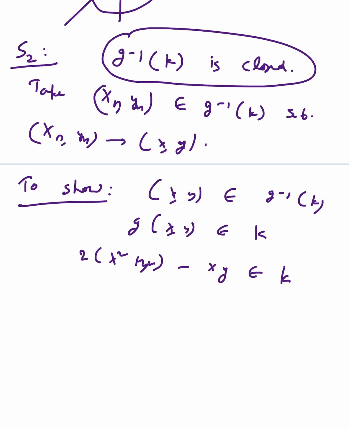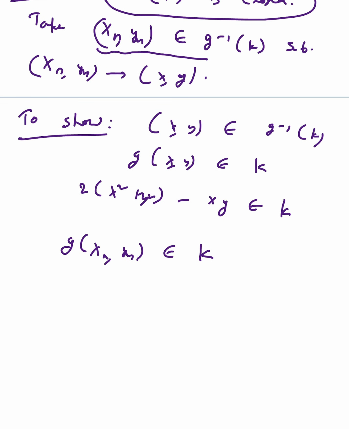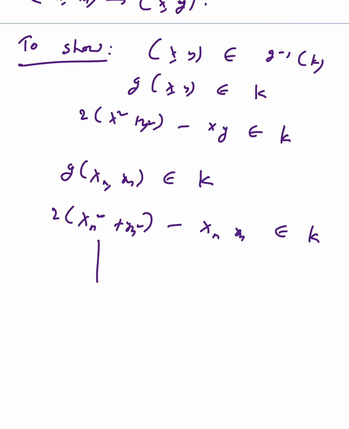So let's do that. Since (xn, yn) is inside g inverse of K, it follows that g of (xn, yn) lies inside of K. And g of (xn, yn) is nothing but twice of xn squared plus yn squared minus xn times yn, inside of K. And this converges to twice of x squared plus y squared minus xy.